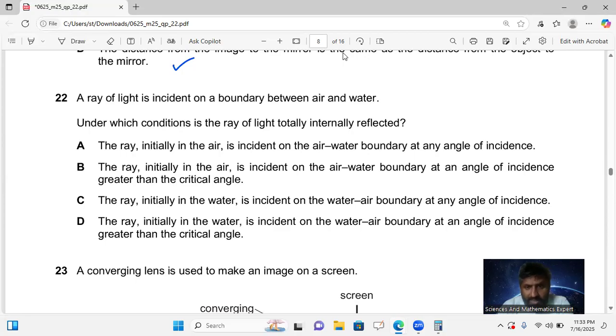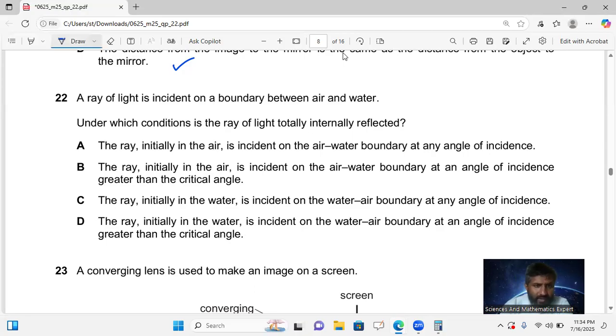The ray is initially in air and incident on the air-water boundary at an angle of incidence, no. Greater than critical angle, no. The ray initially in the air, incident on the air-water boundary at an angle of incidence greater than critical angle, no. The ray initially in the water is incident on the water-air boundary at an angle of incidence greater than critical angle.